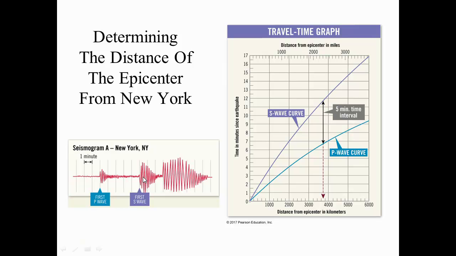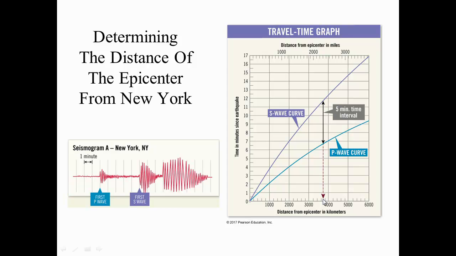Now, we determined at New York that the time interval was 5 minutes, so what we do here on the right is find that position on the graph where the separation between the S curve and the P wave curve is 5 minutes, and that's marked, okay? Does everybody see this?